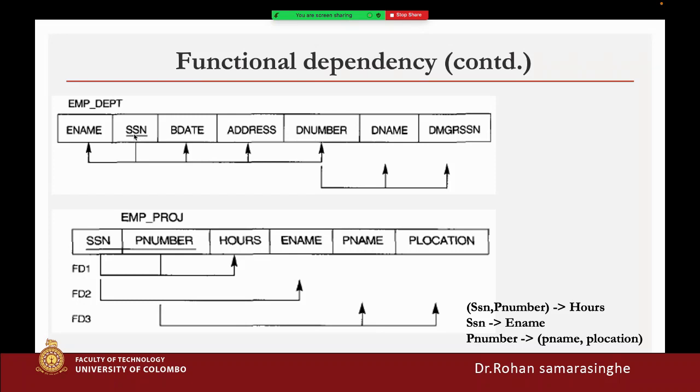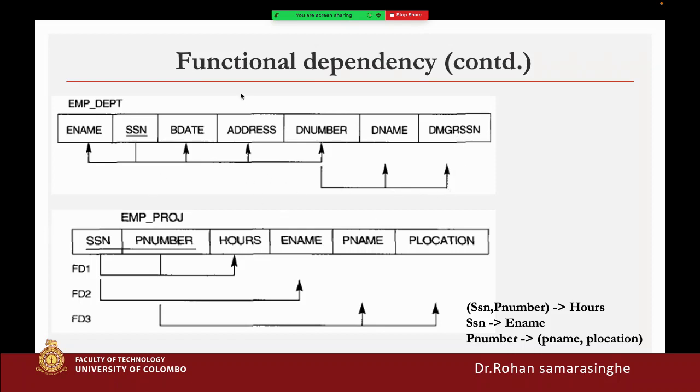From this SSN, that is the employee number, we can access the employee name, birth date, address, and D number. Also from D number we can access the department name and this DMGR SSN, the department manager's SSN or something like that.